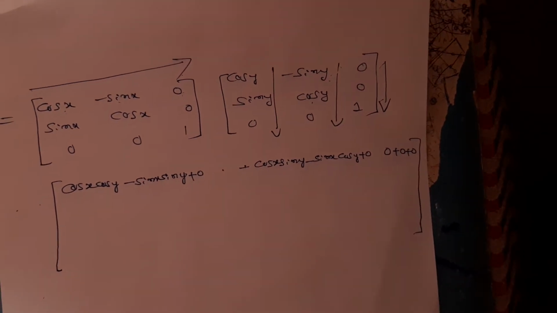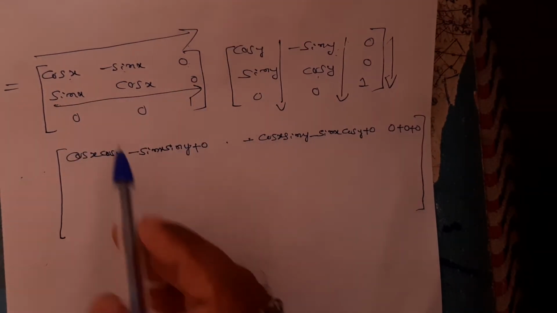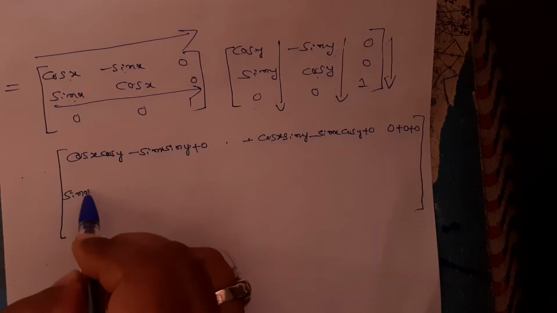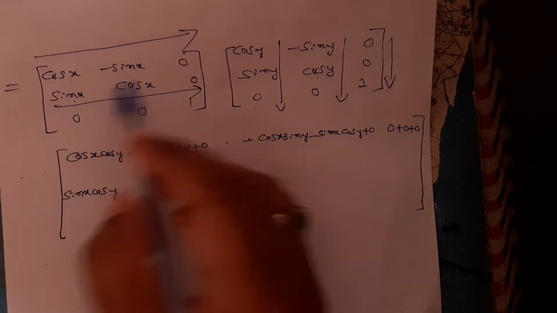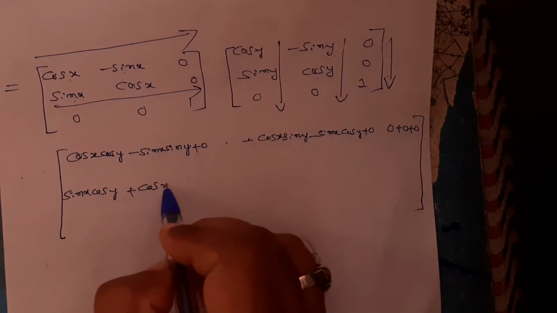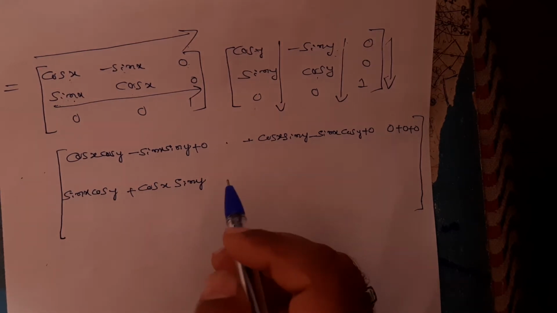You continue the product in a similar way. I will consider the second row and first column: sin x into cos y, plus cos x into sin y.